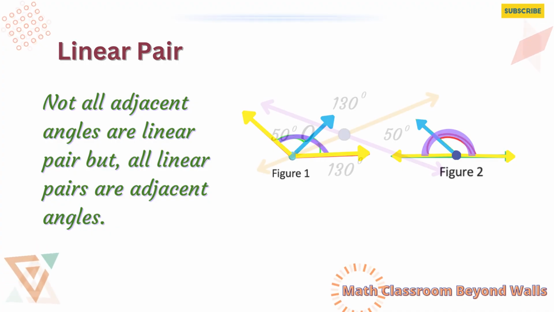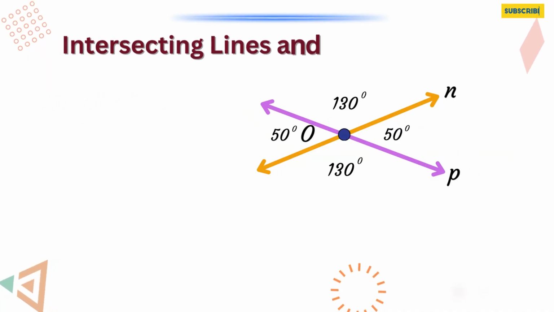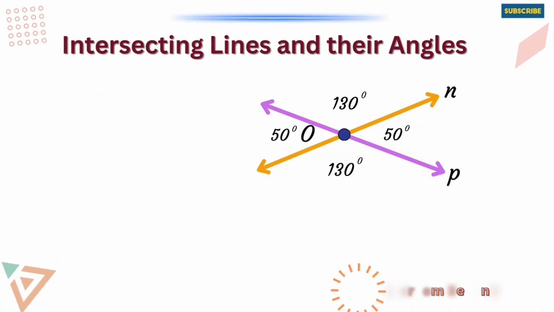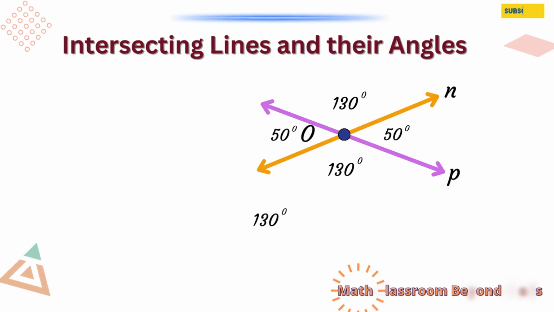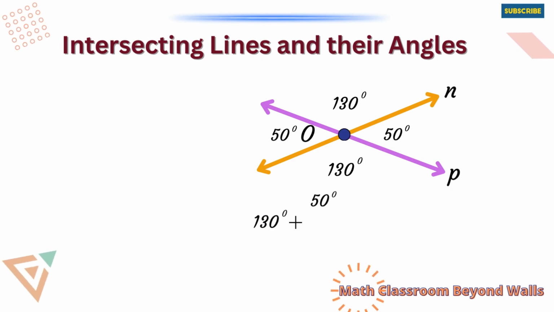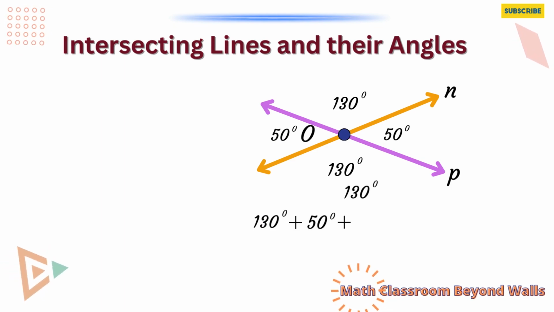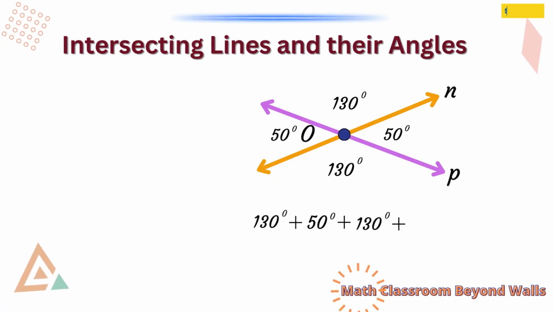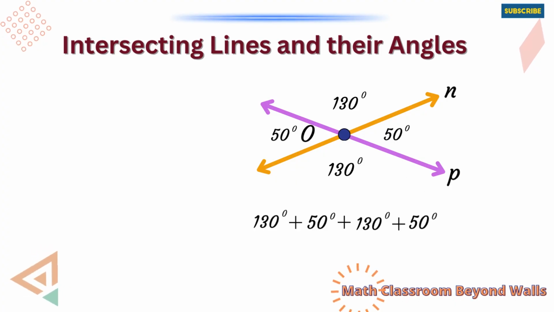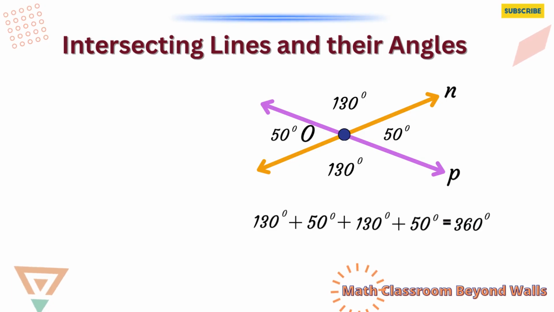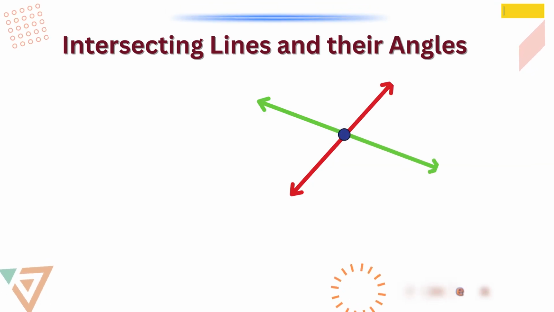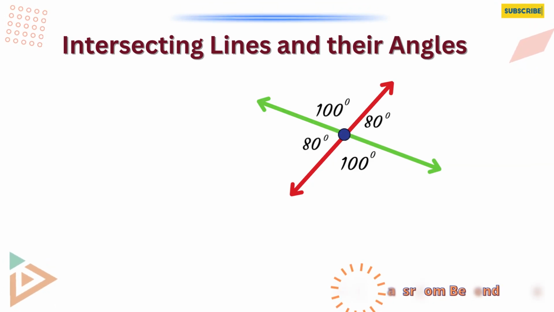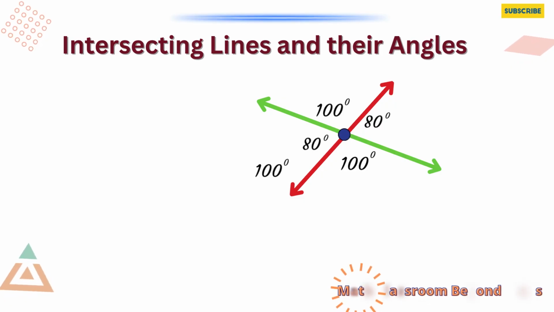Let us look at this diagram again. What is the sum of the measures of all the angles formed at their point of intersection? You're correct, 360 degrees. How about these intersecting lines? What is the sum of the measures of all the angles formed at their point of intersection?